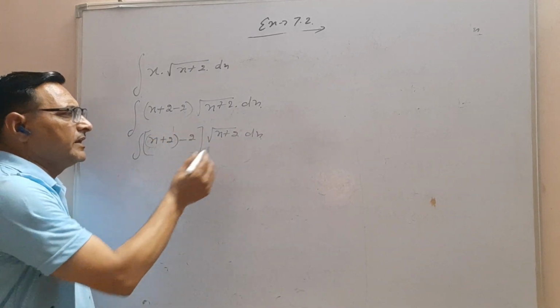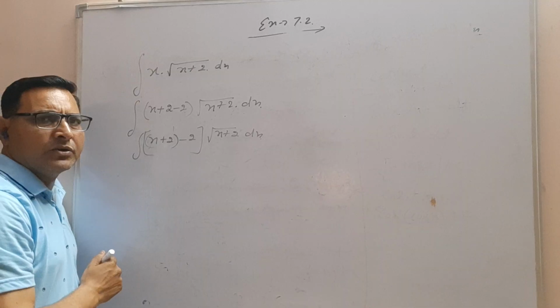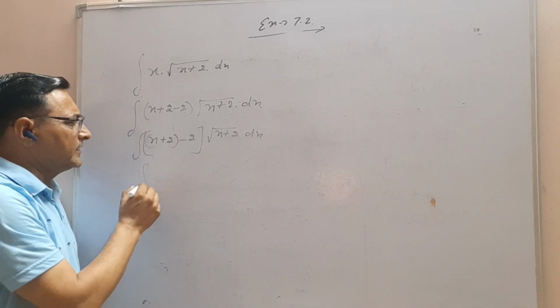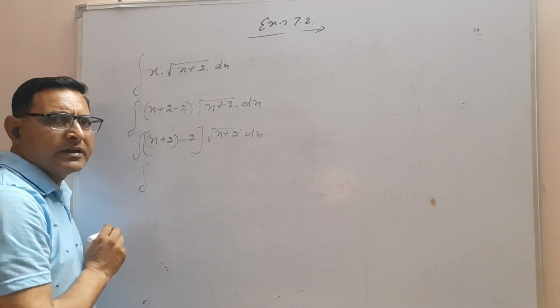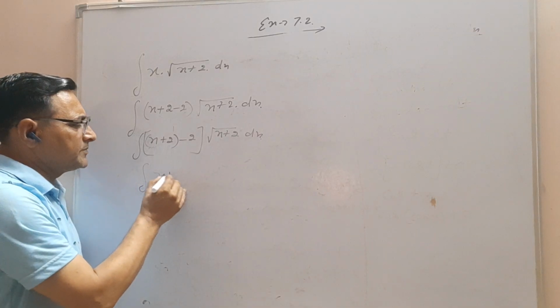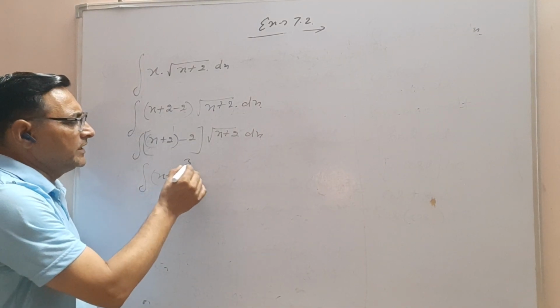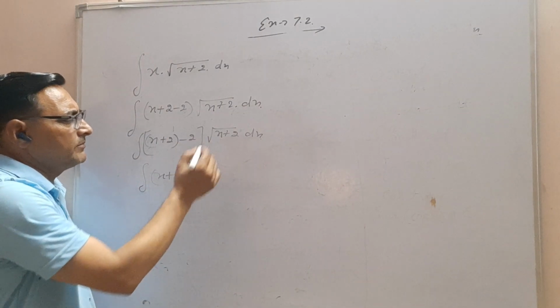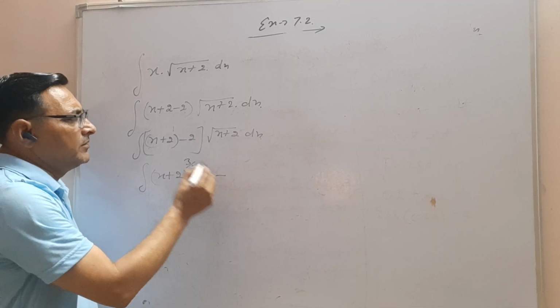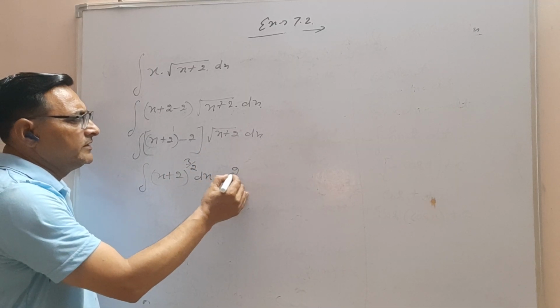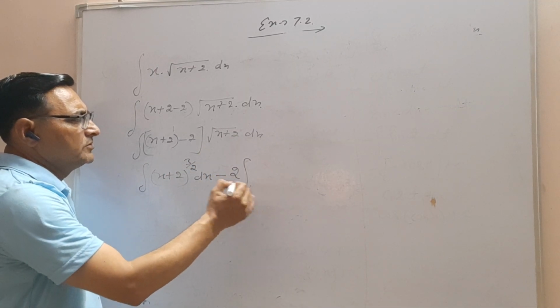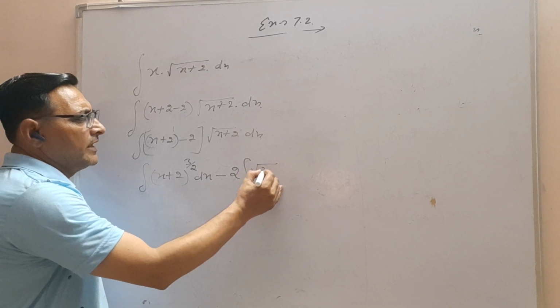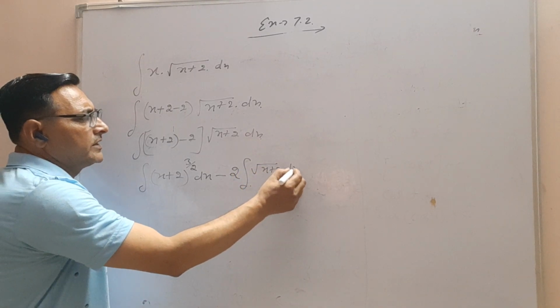Its power is 1 and its power is 1 by 2. When the bases are same, their powers will be added. x plus 2 power 3 by 2, 1 plus 1 by 2 is 3 by 2, minus 2 multiplied with root x plus 2 into dx.